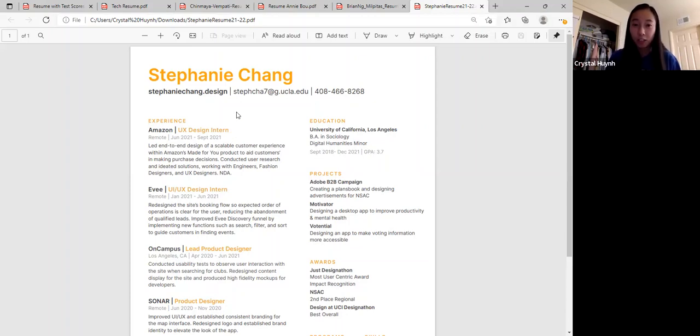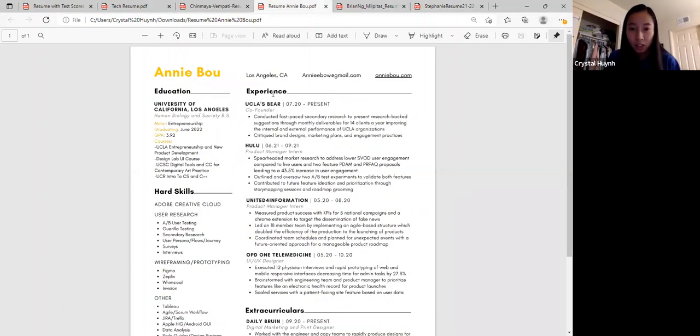But here for hers, something to note is for this line where it talks about the firm that she works at, as well as the actual role, she decided to separate them with a line, whereas with Annie's, she also used a line between the date and the role.